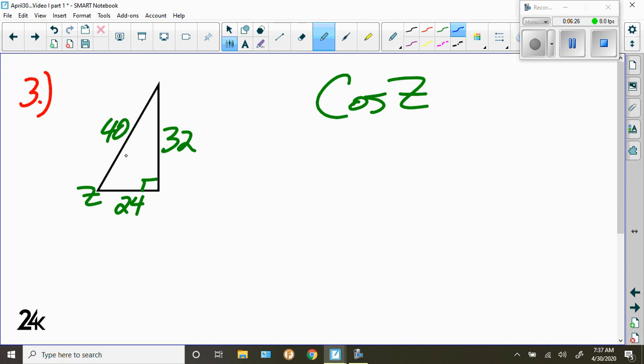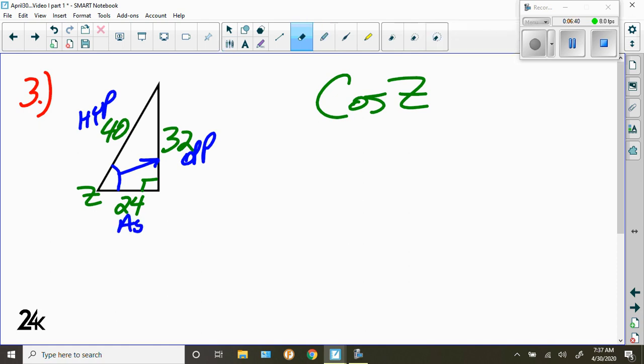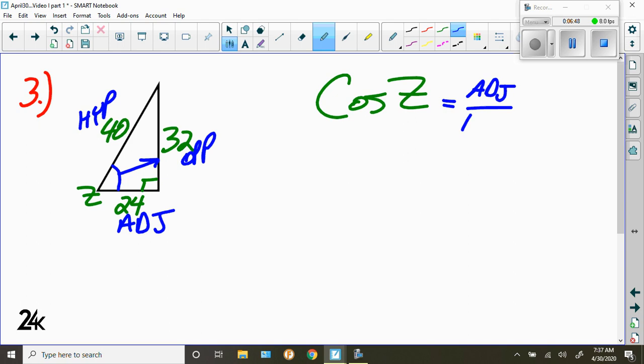Find the cosine of Z. Well, here's Z, arc, angle, opposite. There's the box, so that's hypotenuse. And then that's the ADJ. Cosine is adjacent over hypotenuse.